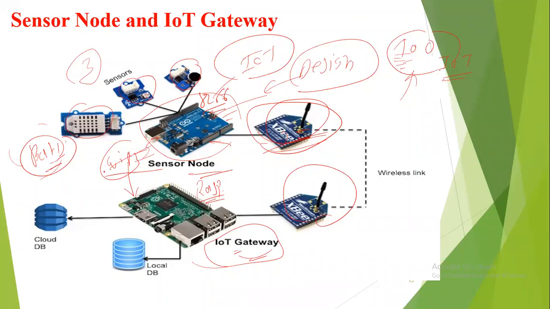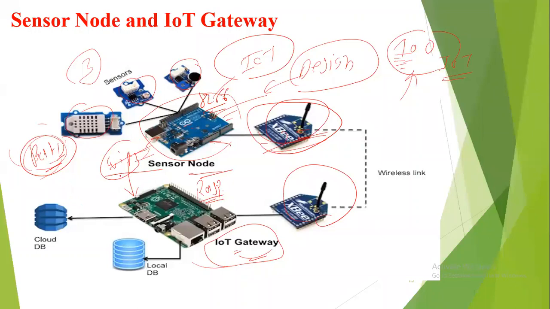If you process the data at a very fast rate or run very powerful applications here, then battery consumption is more. If your processor works at a high speed, then battery consumption is more.